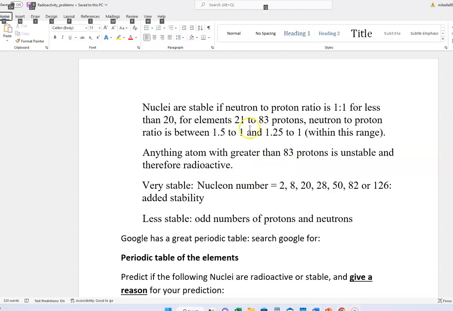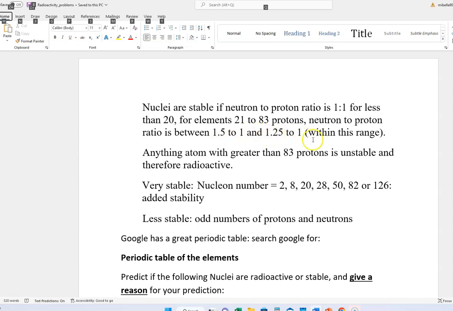All right, so let's switch back to the problem. Here's the range, from elements 21 through 83. For the neutron to proton ratio, you have to figure out the number of neutrons that the element has. The neutron to proton ratio has to be anywhere from 1.5 to 1 all the way down to 1.25 to 1.